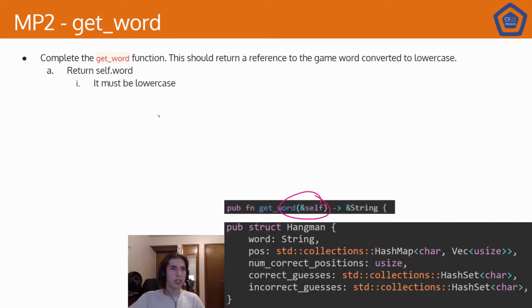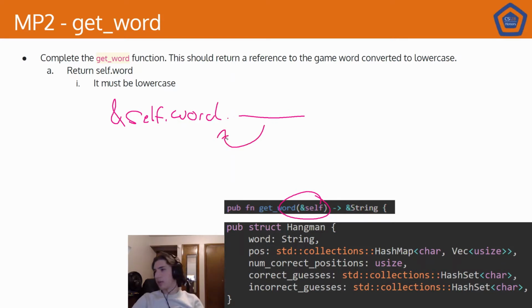And it wouldn't really make sense to have a mutable reference to self here, right? If we want to do something like return self.word.to_lowercase(), this is going to edit self.word. And if it does edit self.word, word now depends on if this getWord has been called or not, right? Which is a little bit of a strange way of approaching it.